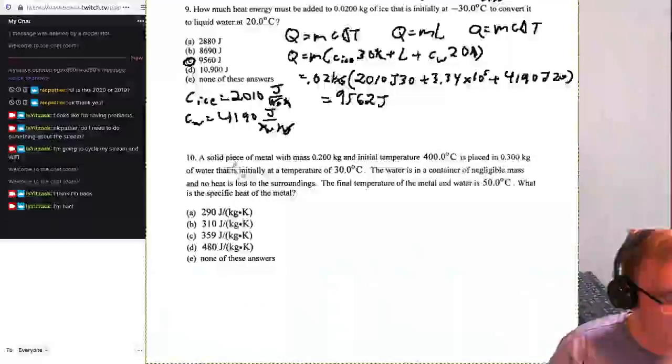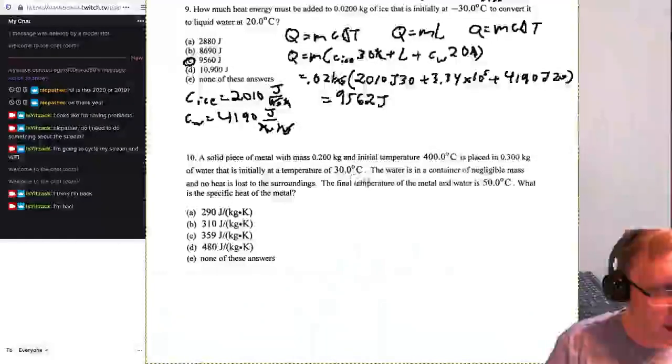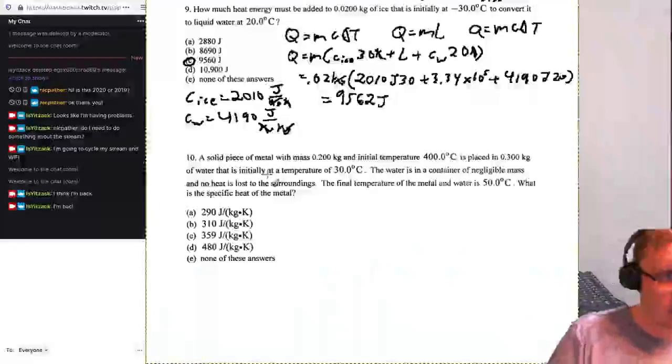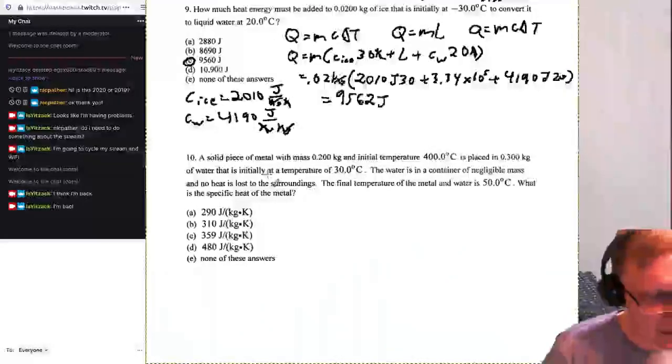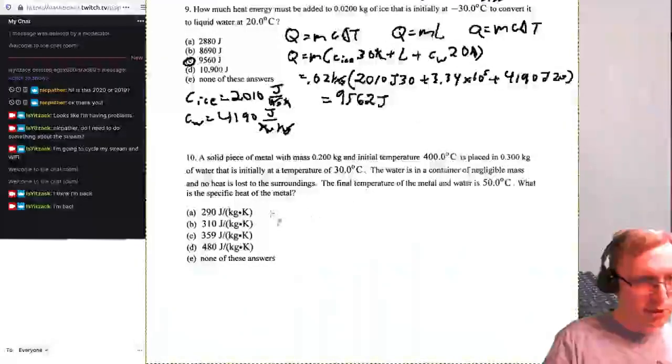A piece of metal with mass of 0.2 kilos and initial temperature of 400 Celsius is placed in 0.3 kilograms of water that is initially at a temperature of 30 Celsius. The water is in a container of negligible mass and no heat is lost to its surroundings. The final temperature of the metal and water is 50 Celsius. What is the specific heat of the metal? Okay. So we have two Q's here that we're going to add together.